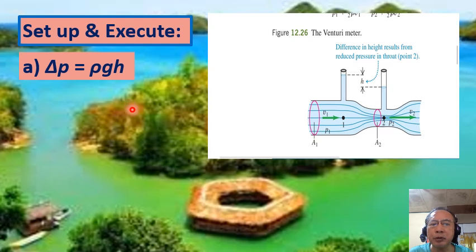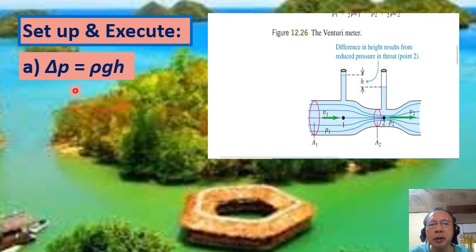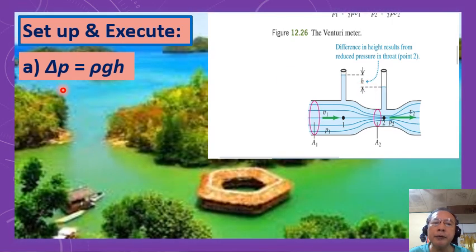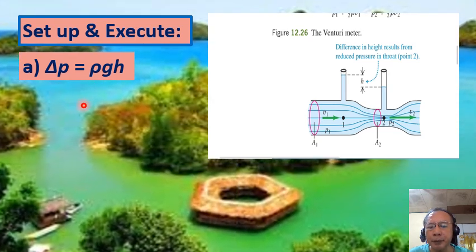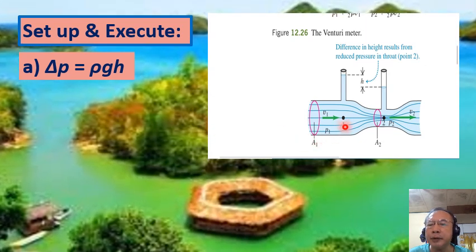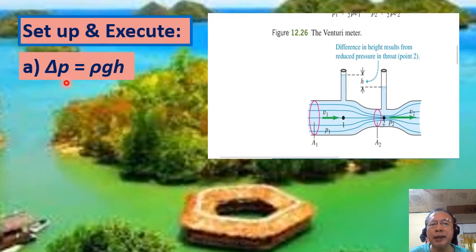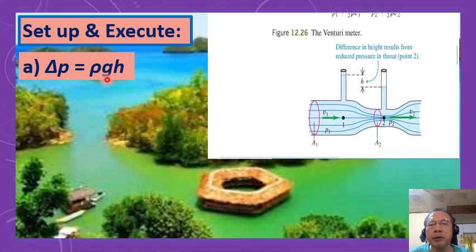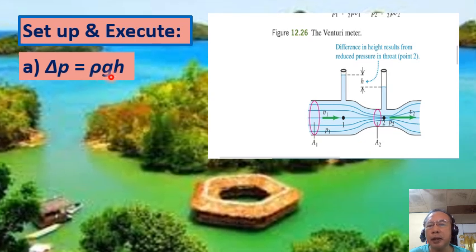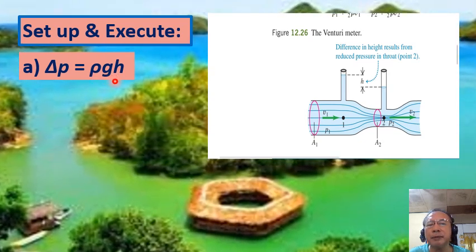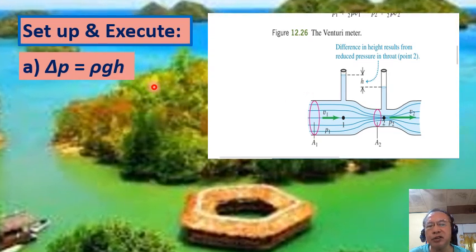Moving on to our computation, in order for us to determine the height h, we have to apply the definition of the gauge pressure, or the pressure difference between points 1 and 2, which is labeled here as delta P. So the gauge pressure is just equal to the product of the density of the liquid, in this case water, and acceleration due to gravity, multiplied by the unknown height h.